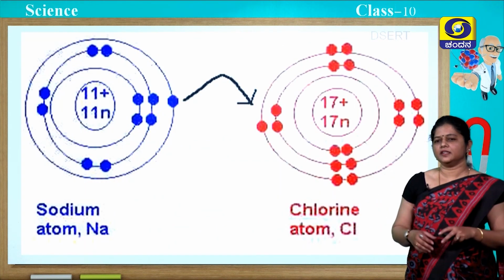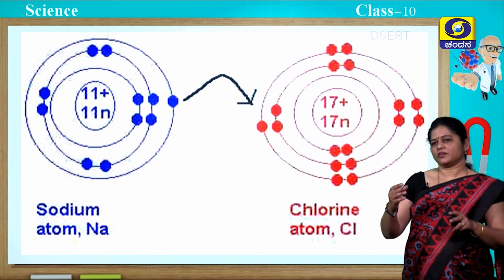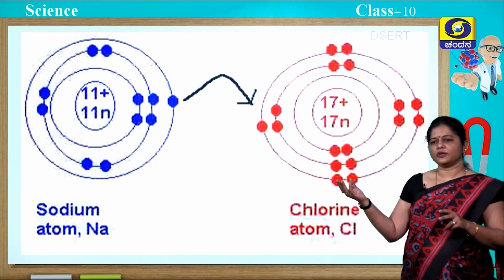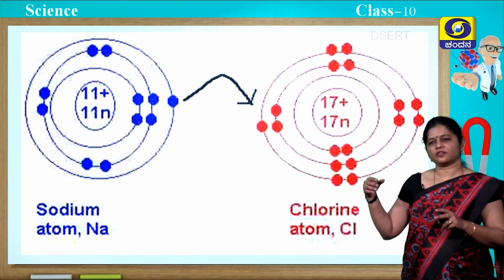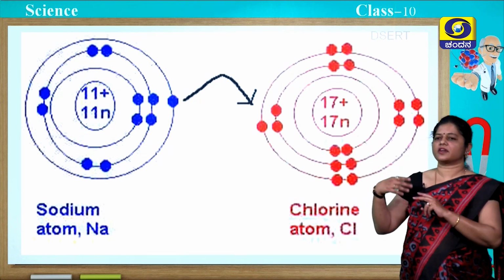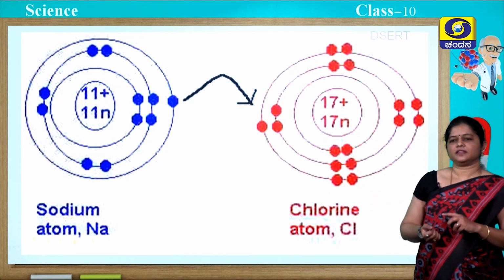Now, you can see here the sodium atom has got one electron in its outermost shell and the chlorine has got 7 electrons in its outermost shell. So, when sodium donates or transfers one electron, the chlorine can easily accept this electron.